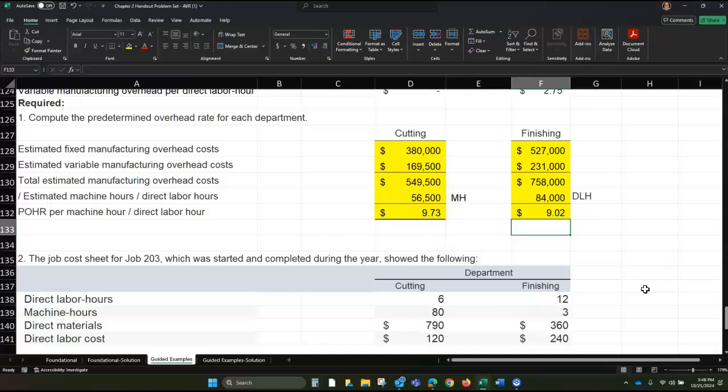It could be a computer. Depending on how your cost functions, let's say you're in some sort of service industry where you're providing IT consulting services.